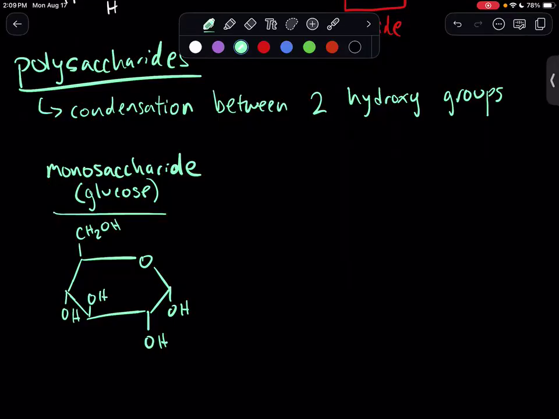Now, you'll notice I did put some OHs on the bottom and some on top. That is because there are cis and trans versions because it is a ring structure. So remember that these alcohol groups are locked in their position because of the ring. This is HL, so you do need to understand that those do not belong on other sides of the ring.